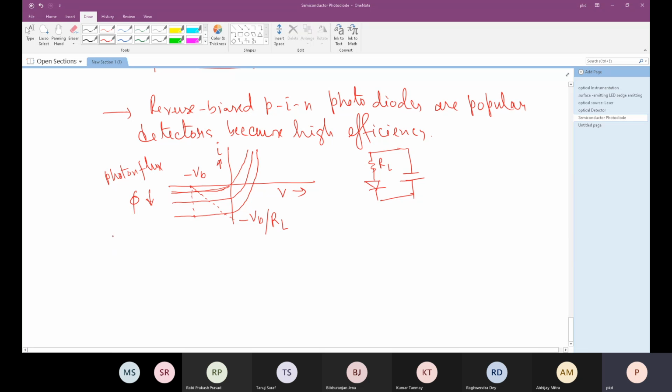Strong reverse bias creates a strong electric field in the junction, which increases the drift velocity of the carriers, therefore reducing transit time and also the recombination. Strong reverse bias, of course, carries these carriers away, and that also increases the width of the depletion layer. That reduces the junction capacitance and improves the response time.